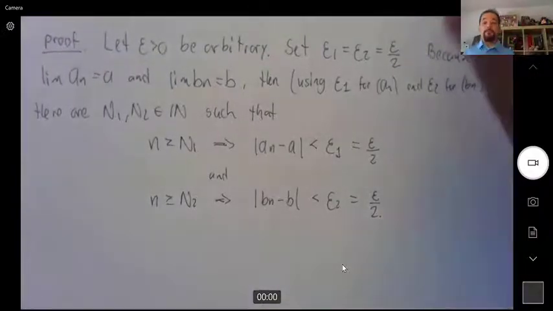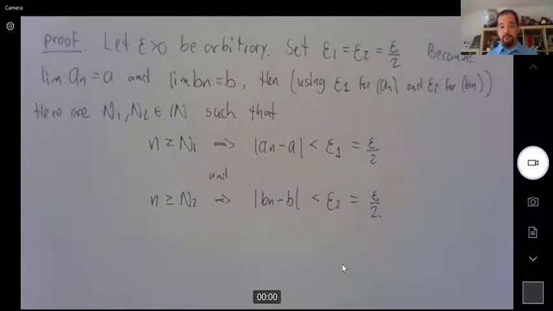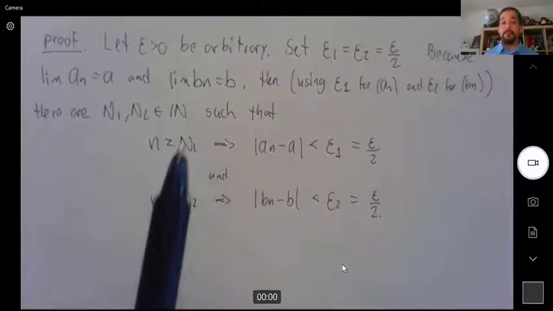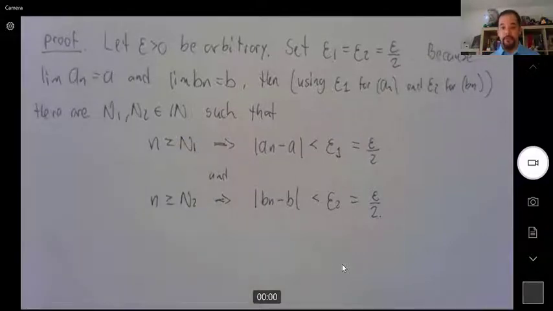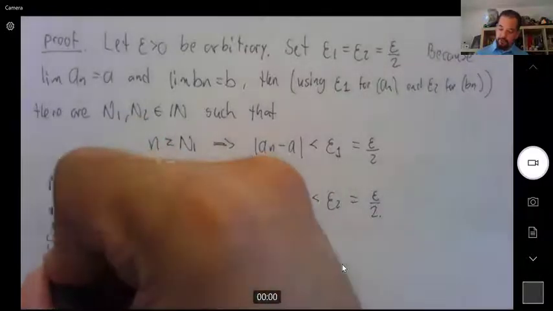Now, what should be our capital N? That's the last piece of the puzzle here. What should we pick as our capital N? Now, remember, we need to pick it in a way that we can use both of these simultaneously, right? So we need to pick it in such a way that if the little n is bigger than the capital N we need to choose, both of these will work. So what capital N should we use?